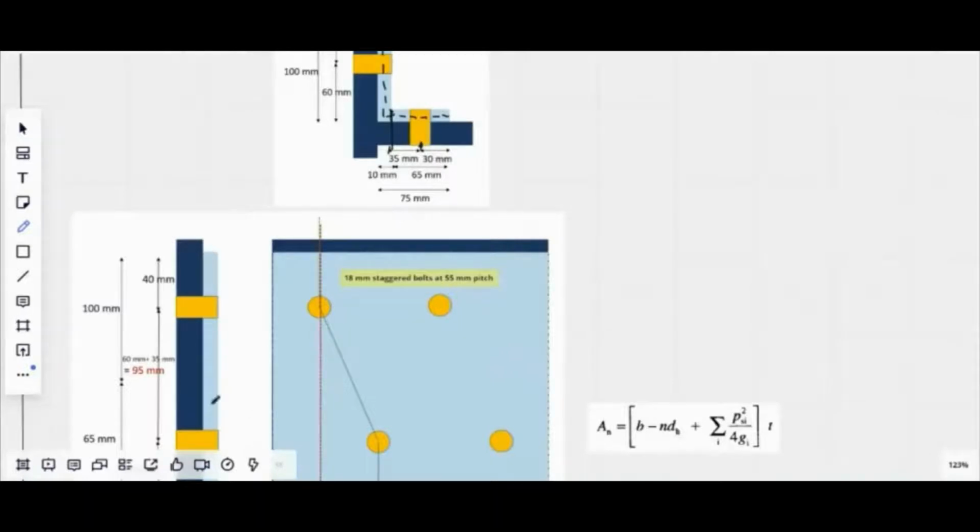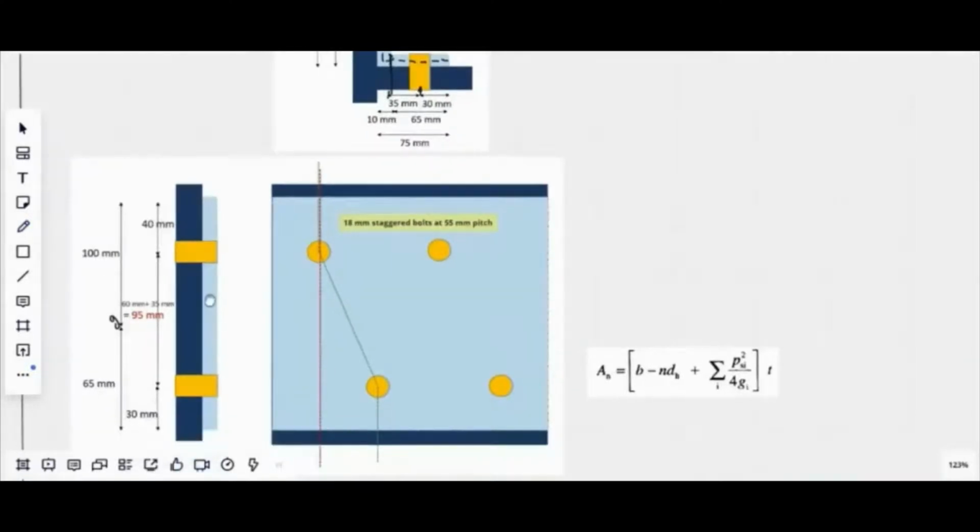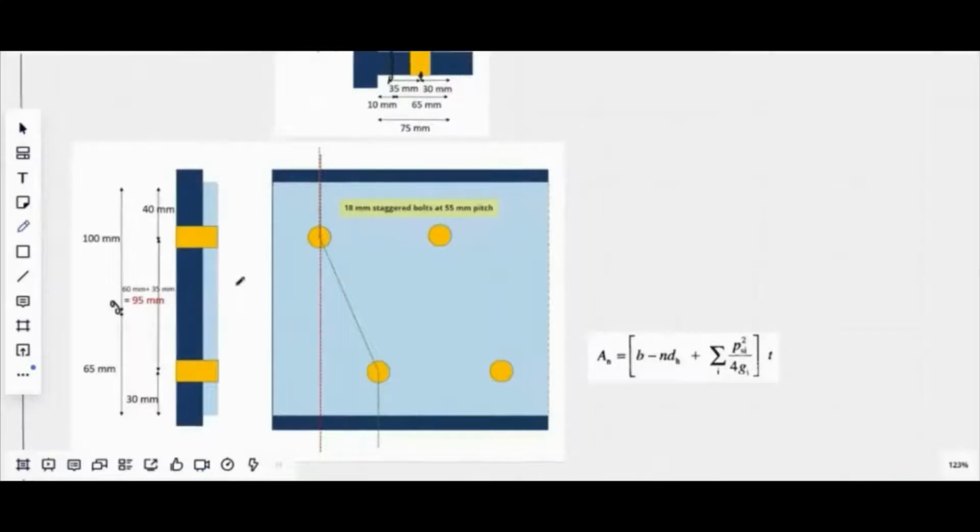The distance between the two bolts, or the gauge length, will be around 95 mm, and the remaining distance can be found as 30 mm. It is also mentioned in the question that these bolts are connected in a staggered way with a pitch of about 55 mm.